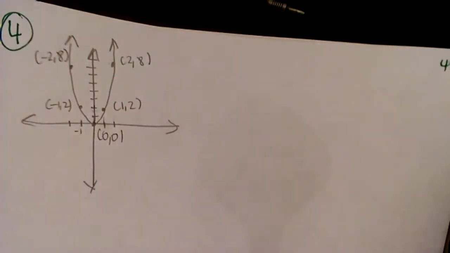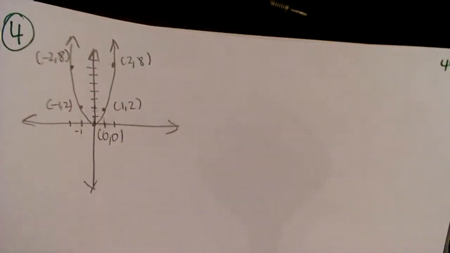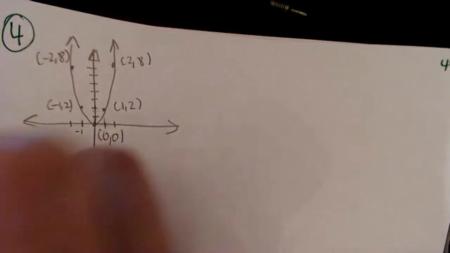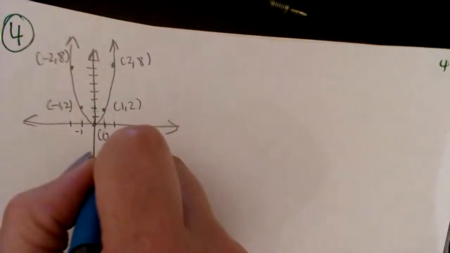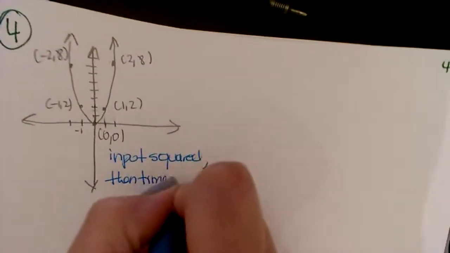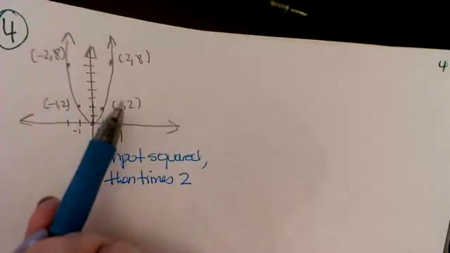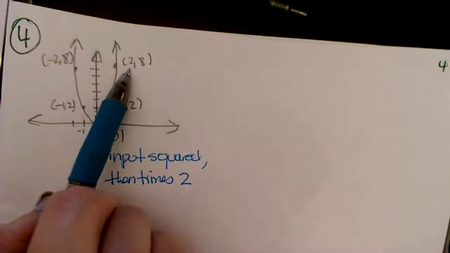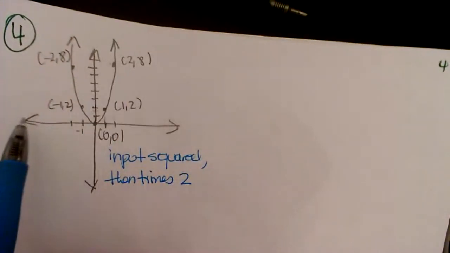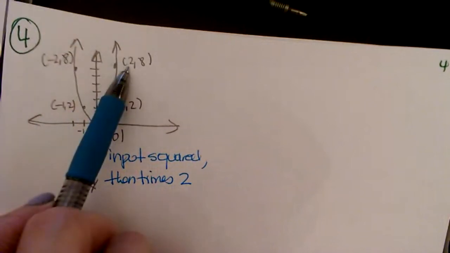So now we got a input will be a square and then what? Then times 2. That's what we're doing. The input squared is 4.